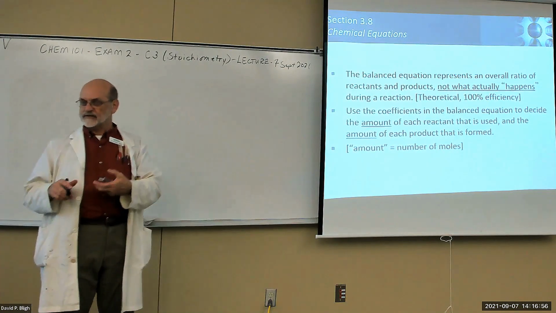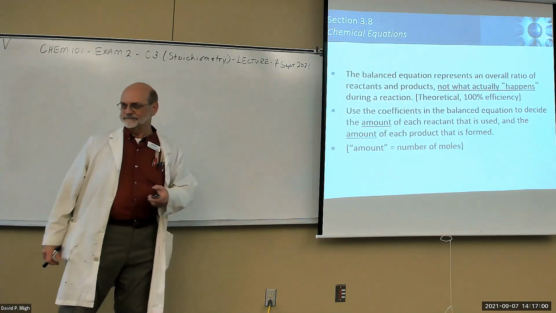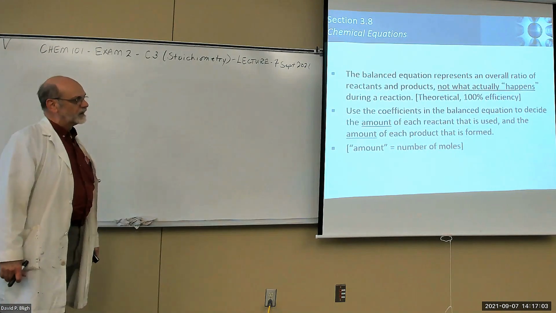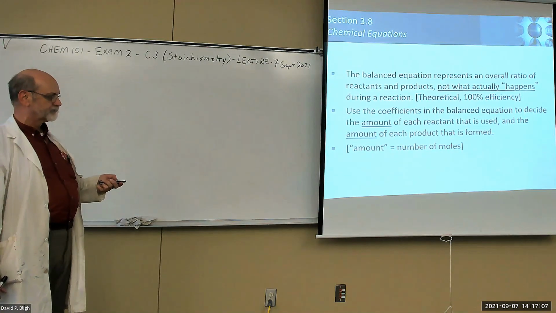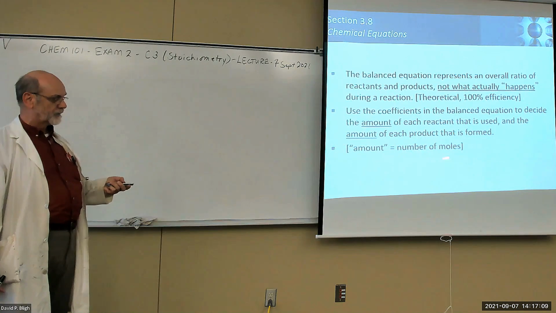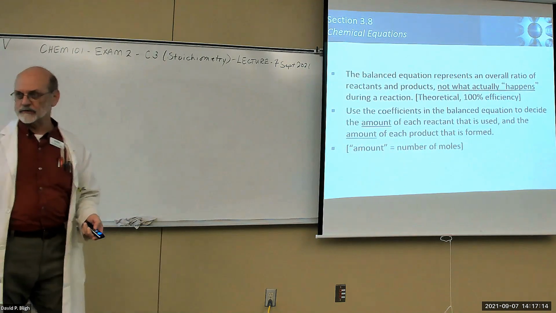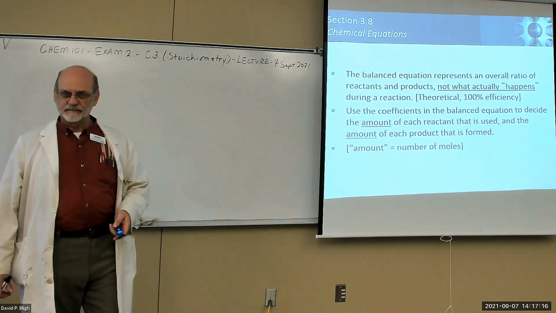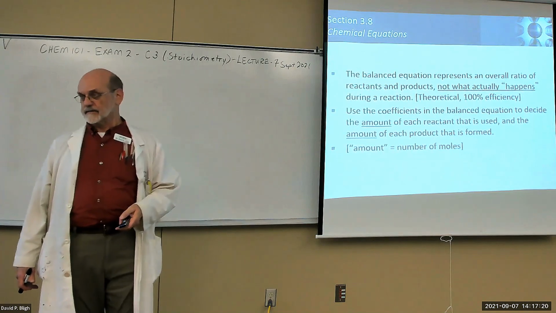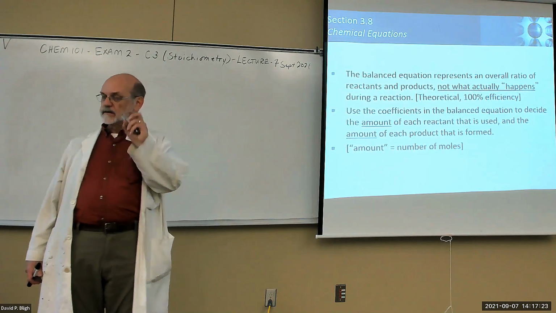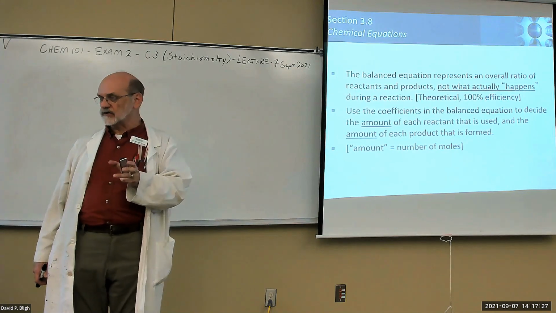And if you think in terms of 100%, then yeah, that's easy. And when we say amount, in this case, amount means number of moles. But sometimes when we say amount, we mean mass. And I'm going to show you how to relate moles and mass in a balanced equation.